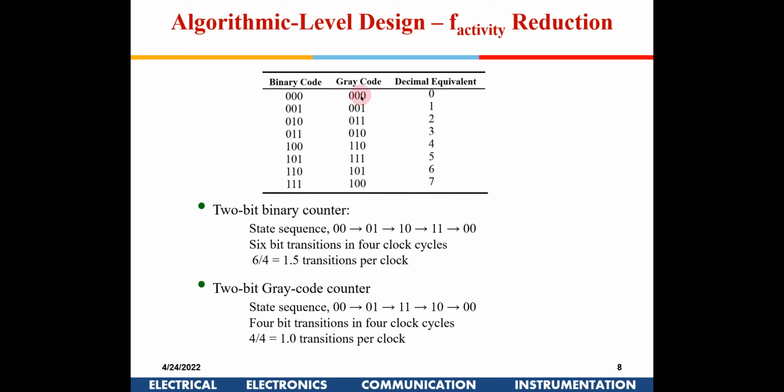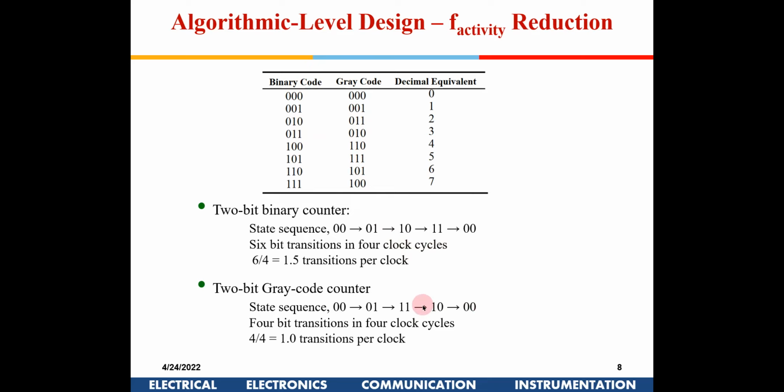Because the actual data and actual sequence is not of relevance to us, we are only wanting to run a counter to get 0 after a specific time. So suppose I want a timer to work for 5 counts. In the binary counter I put 5, which is 101, in a gray counter I'll put 111, and it will come to 0 after a certain time, right? But the number of transitions here is much lesser.